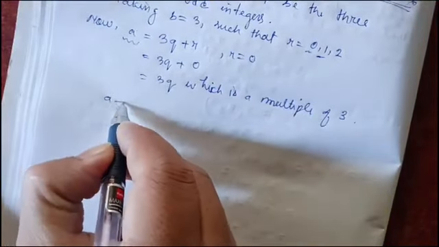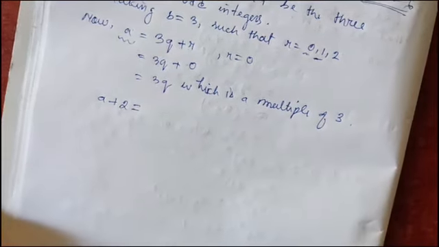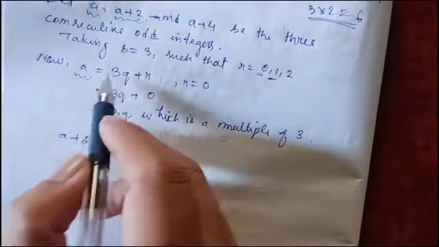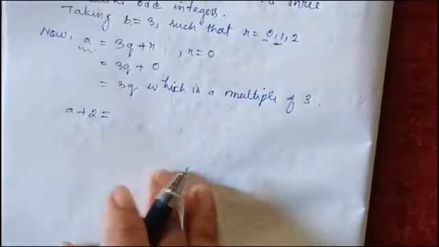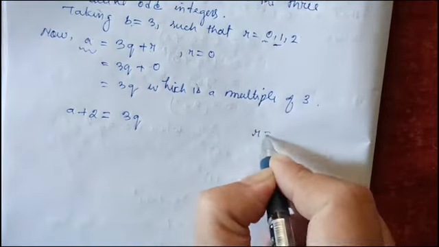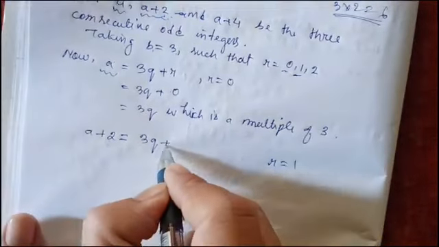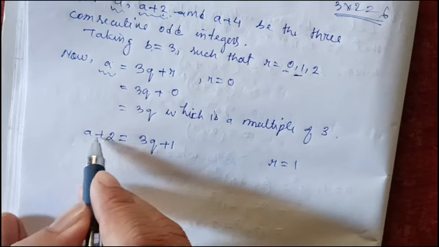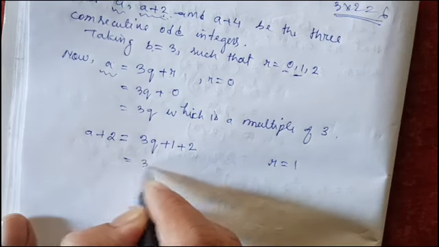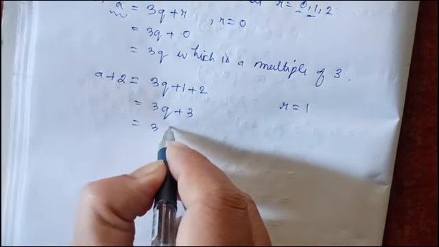Now let us do it for a plus 2. What is our number? Our number is 3q, right? When r equals 1, that means 3q plus 1. From the question we have another plus 2, so plus 2. 3q plus 1 plus 2, you know the 2 plus 1 is 3. Take 3 common.